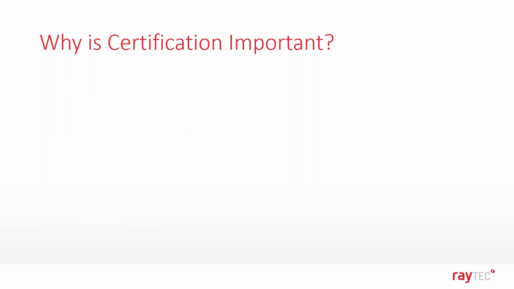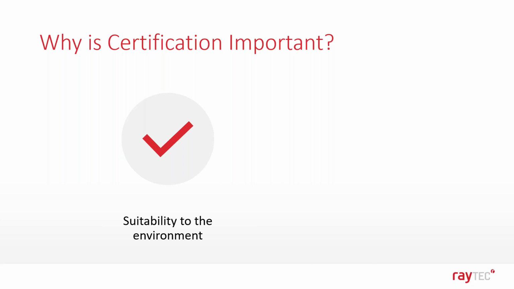Before we look at the two protection methods, EXE and EXD, in a little more detail, first we need to understand why certification is important and why it needs to be considered when specifying an EX luminaire. Once the site location has been identified as a hazardous area and classified into its appropriate zones, it's critical that any equipment which is installed, which luminaires fall into, is compliant with the classification and is suitable for the environment.